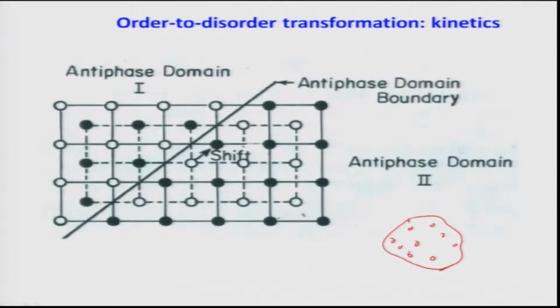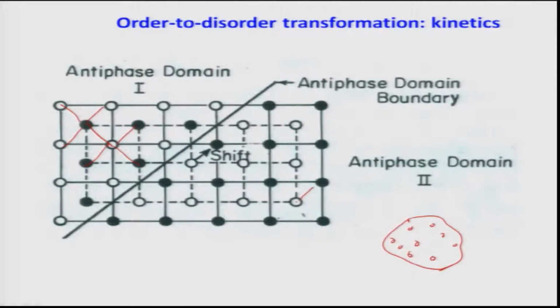Here the bonds are of dissimilar types: copper has a bond with gold, and gold has a bond with copper. You can see all the bonds are like that, nearest neighbors, and on this side also it is exactly the same.